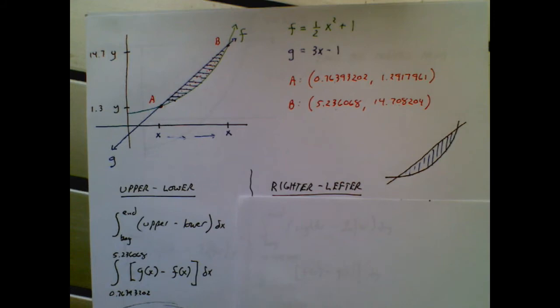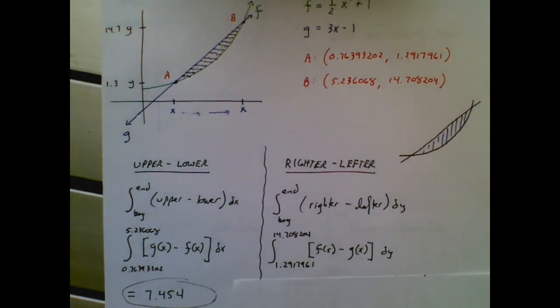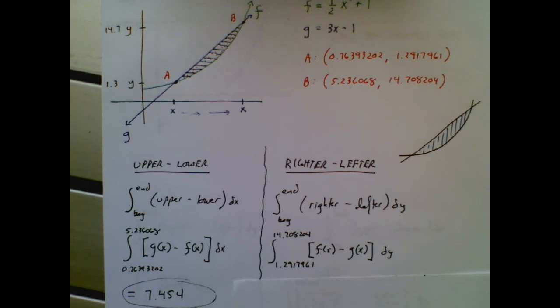So now if I want to do this trapped area by righter minus lefter, blind faith in righter minus lefter, that's what the setup looks like. And by the way, I can just use the f of x and g of x. I don't have to write out the actual equations.